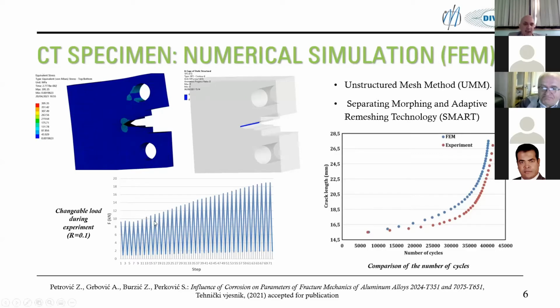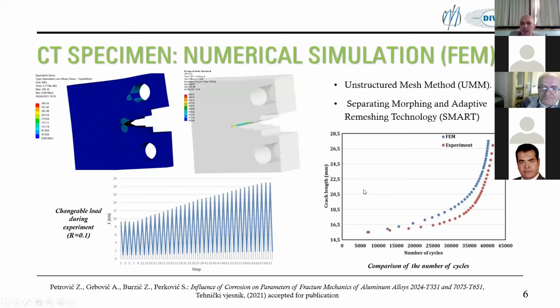So force was variable, starting from approximately 10 kilonewtons and then increasing up to 19 kilonewtons in the final phase. So here I introduced force in 36 installments and then got a number of cycles to grow the crack to 25, 26 or more millimeters very close to experimental.